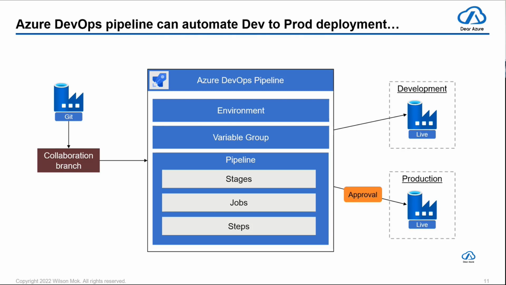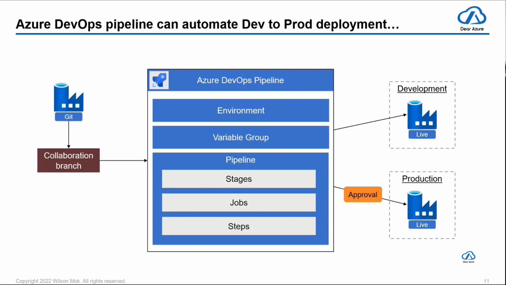This Azure DevOps pipeline can be very complex, and because of that, Azure DevOps provides an ability for us to group the different components together, or different levels of grouping of how the pipeline needs to run. Inside there are three different groupings. At the top level, we have something called stages. A stage group allows us to group all the major actions together, or that's how we're using it.